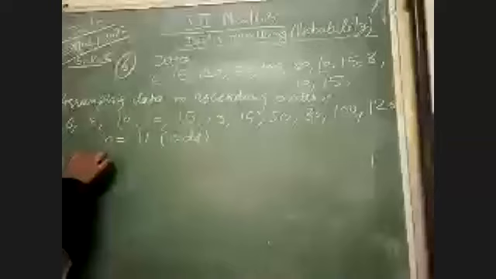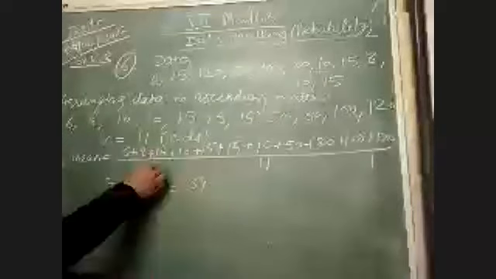You have to sum all 11 observations and divide by 11, the total number of observations. After adding these values you will get 429 by 11, and this will become 39. So the mean of your data is 39.